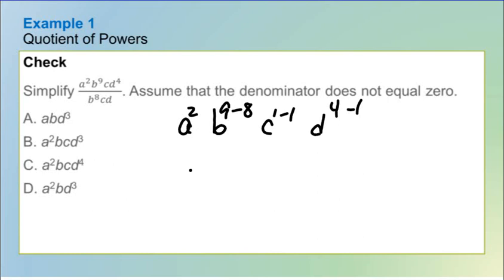So if I simplify it, that stays a squared, b to the 1st, and I don't have to put the 1 there. c to the 1 minus 1 is 0. Anything to the 0 power is just 1. So I don't need to put a c there. And then it would be d cubed. The one that gives me a squared b d cubed would be letter D.